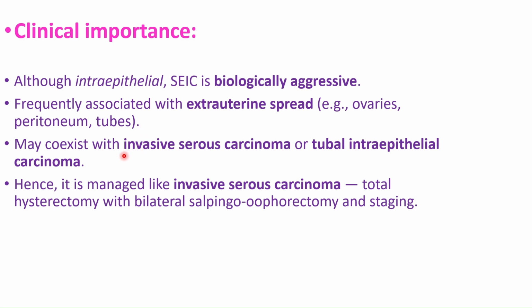It may coexist with invasive serous carcinoma or tubal intraepithelial carcinoma. So whenever we find this type of pattern, we have to go for an extensive search for such foci in the uterus, and it is managed like invasive serous carcinoma. So total hysterectomy with bilateral salpingo-oophorectomy may be needed.